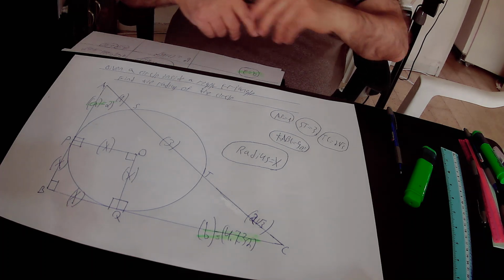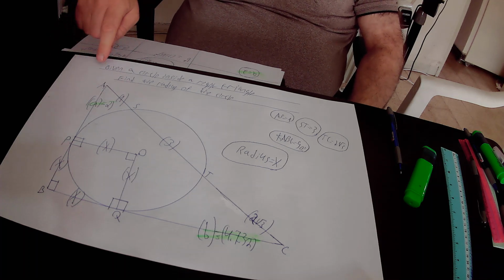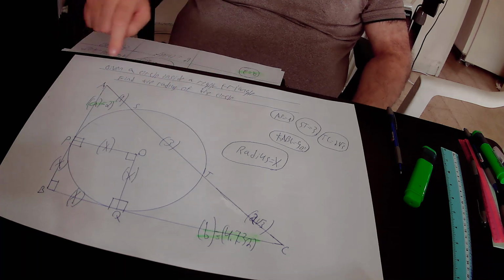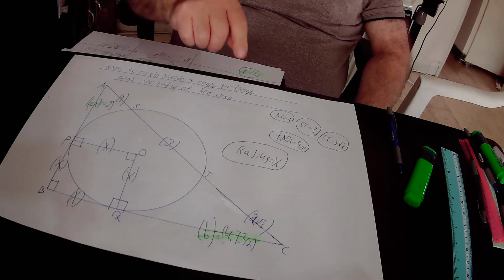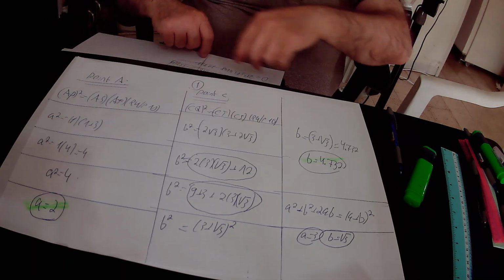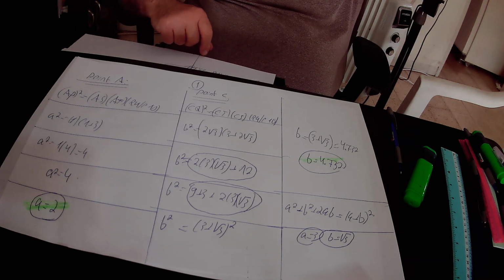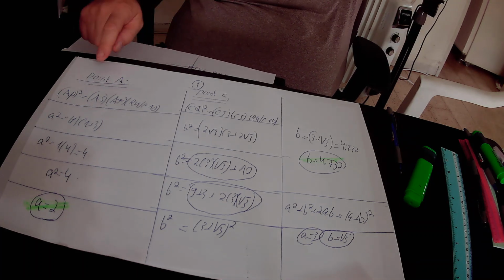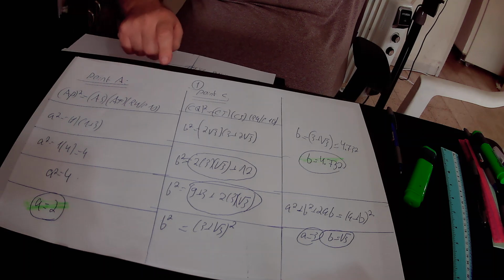According to rule 10, AP square equals AS times AT. Again, if we focus on the common external point A, according to rule 10, AP square equals AS times AT.